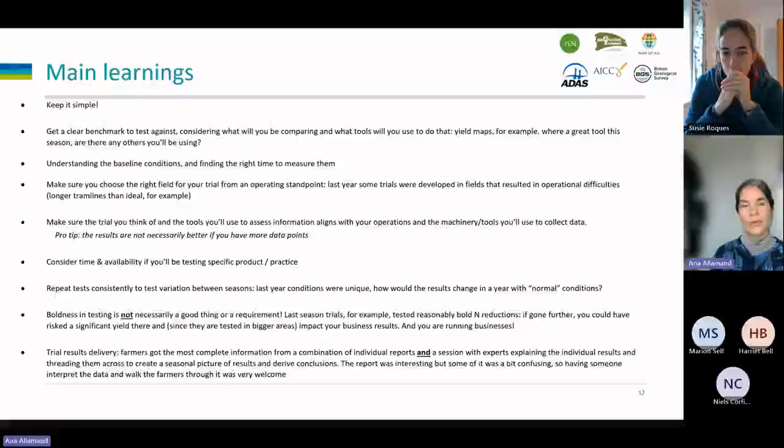So for example, around the nitrogen amount in the soil and things like that, which would not have been possible if it was just a matter of you talking to your individual farmer about a result. So there was definitely a huge amount of value in taking the time to come together, check the results, compare results from a very technical standpoint, but also from a practical one. So I thought that was really interesting in terms of what we did.